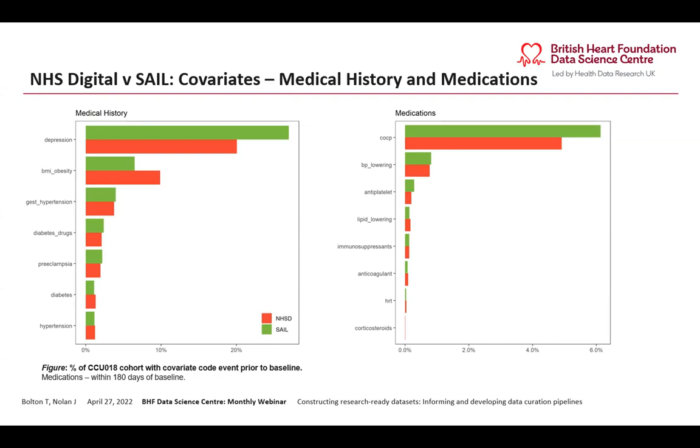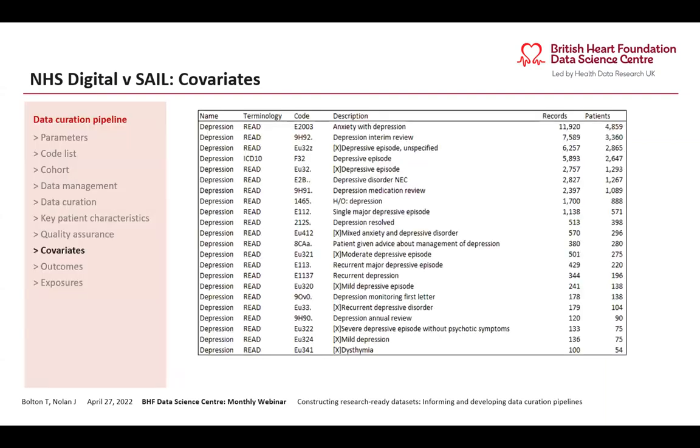And again, this is where the outputs that are built in as part of the pipeline can be very useful, so that we can focus on those depression codes, identify which codes are generating the hits in the cohort, and scrutinize these to see if there's any amendments that need to be made to the code list.